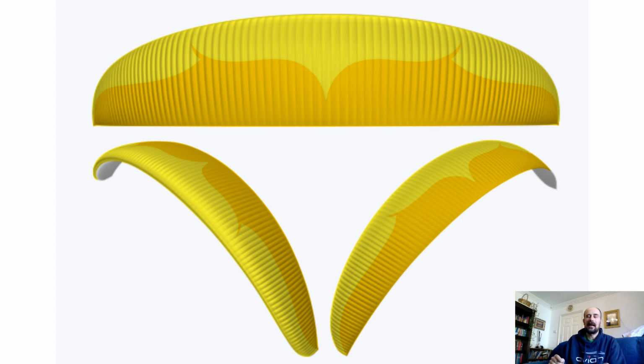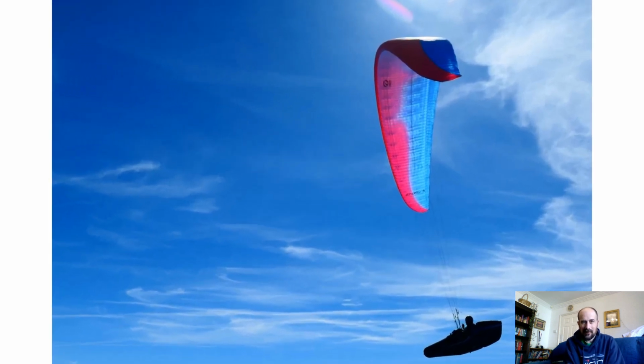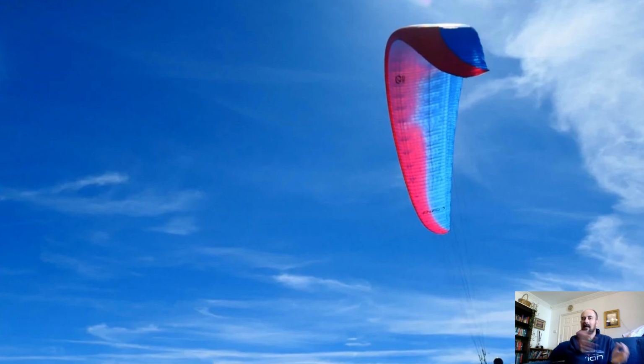The important thing is the distribution of the width of the wing along its span, and just visually that looks pretty close to elliptical. The other thing is when you look at the paraglider in the air, you can see it's got very little twist on the wing at all. So again, if it's got an elliptical plan form and it's not got any twist, then it's going to have pretty close to elliptical lift distribution.